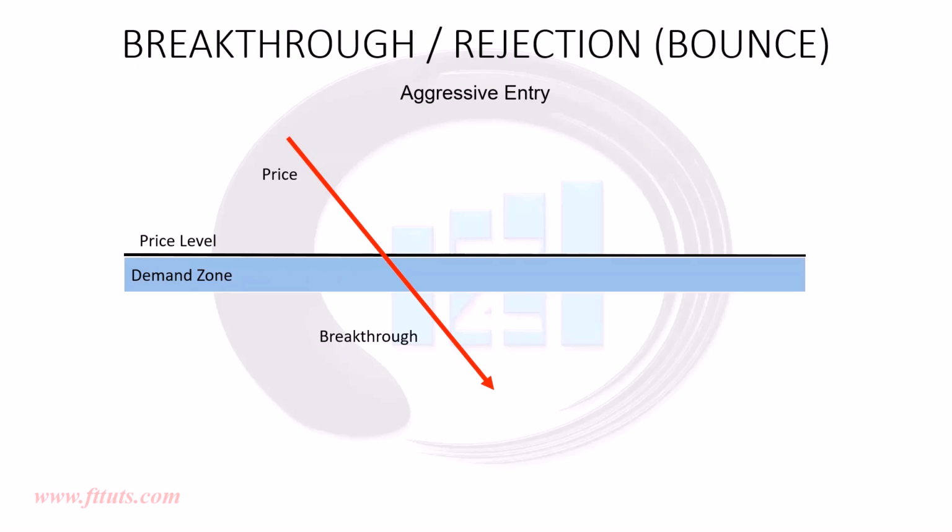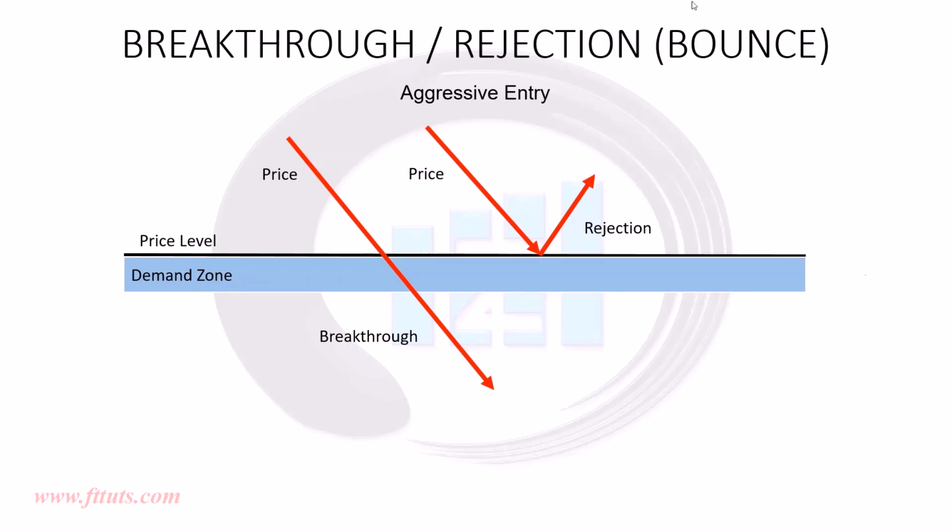The second is when we get a rejection of price or our bounce. Okay, that's when price does stop at this level and reverses. And now we're looking for a new bullish trend to start because we're hoping that this support level holds, and that price doesn't go any further lower than that, and that we're getting in right at the beginning of this new trend.